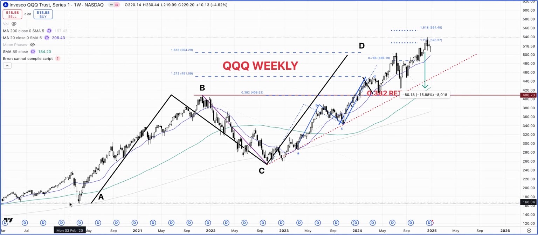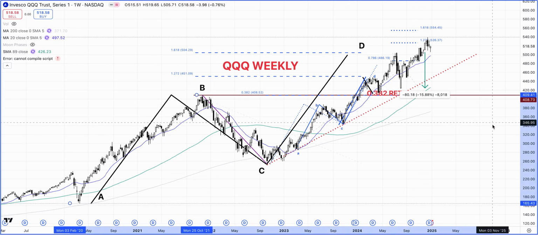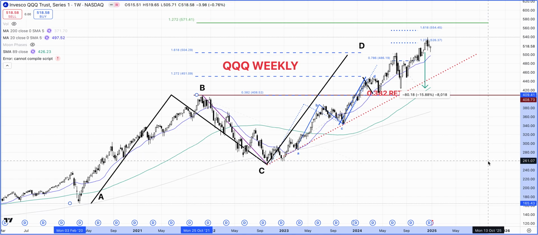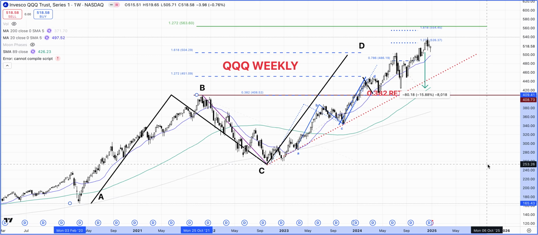If the CD leg is extending, it could extend by 1.272 and 1.618 times the AB leg. So what it means is we could potentially be looking at 560 in the CD leg.